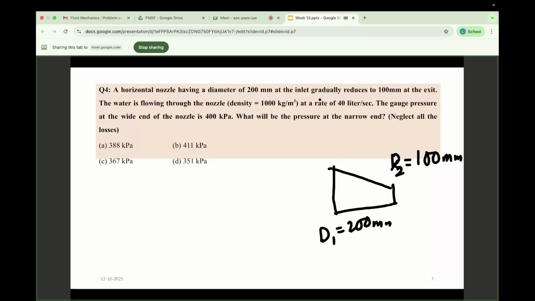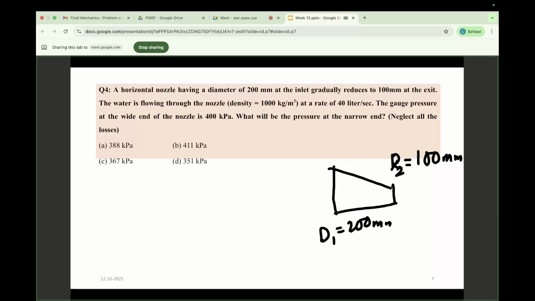All other things are given. You just have to find the pressure at the narrow end. That means you have to find P2.